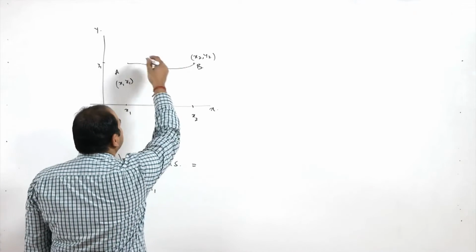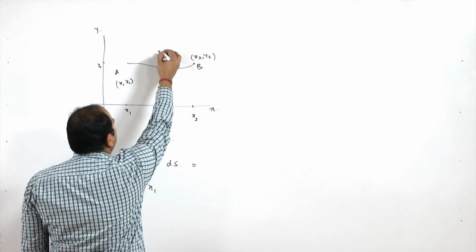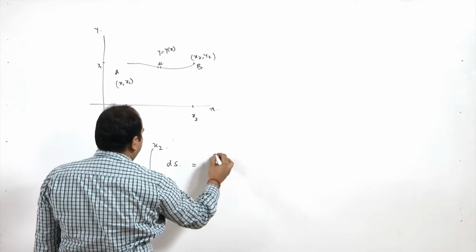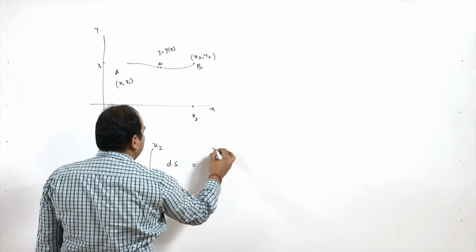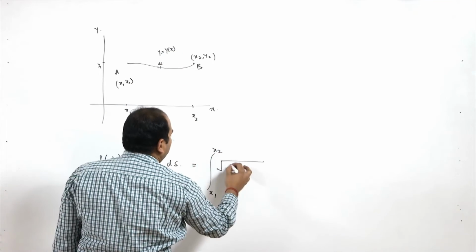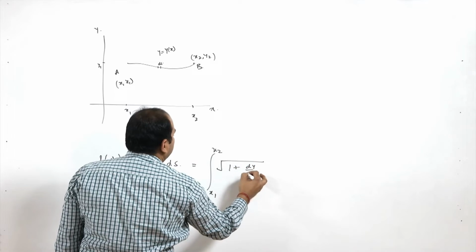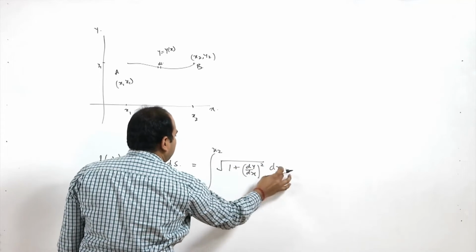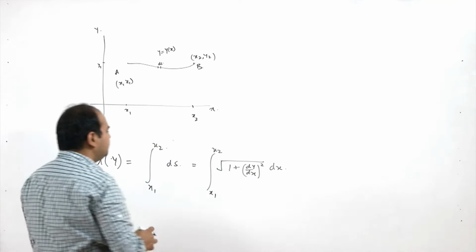If we represent this curve as y equal to a function y of x, then d of s is given by the square root of 1 plus (dy by dx) whole square, d of x, where x lies between x1 and x2.